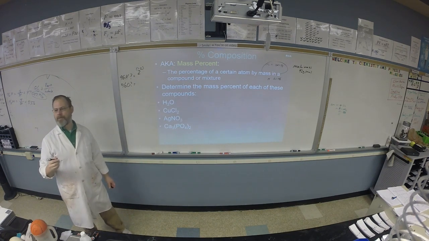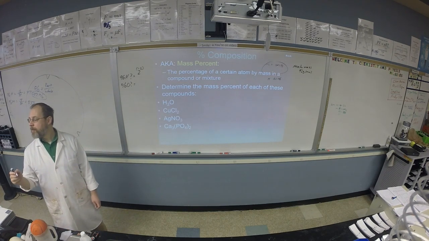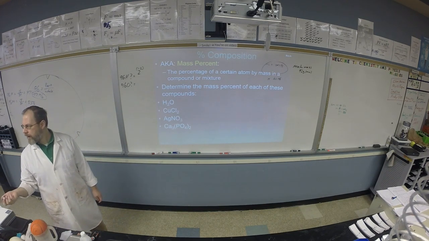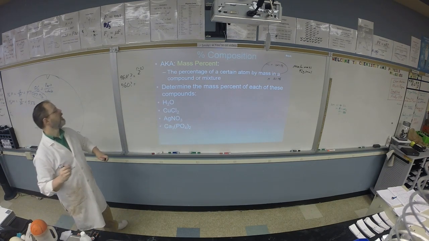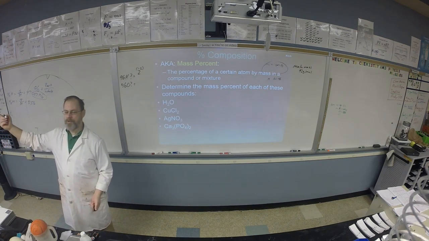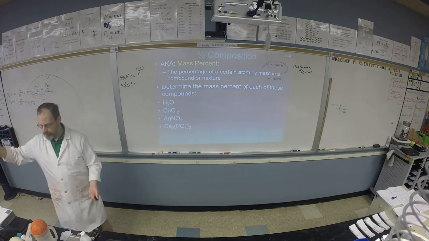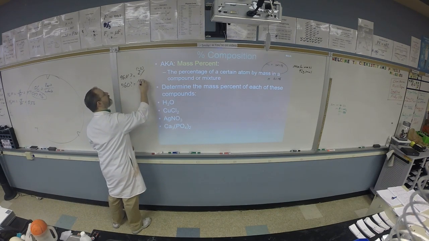Where did the 1 come from for hydrogen? Exactly, the periodic table. The periodic table tells us that 1 mole is 1 gram because it has a 1 for the mass, and there are 2 of them. And oxygen, what's oxygen's molar mass? 16. So in 1 mole you've got 16 grams, and the total for both of these would be 18.